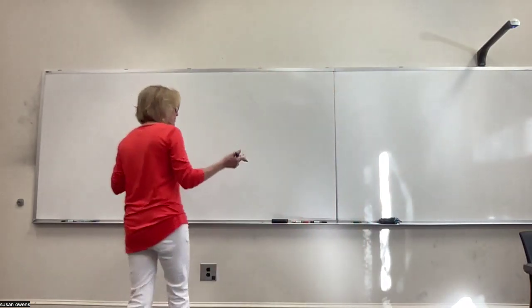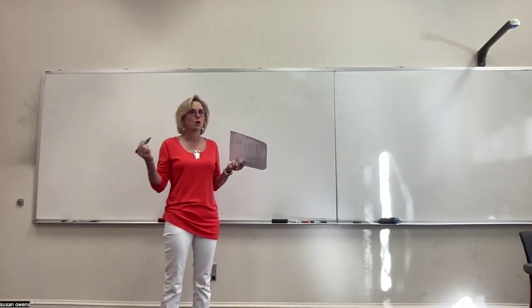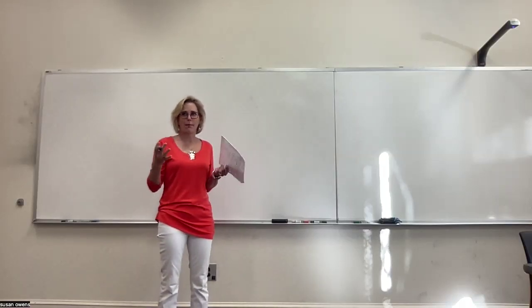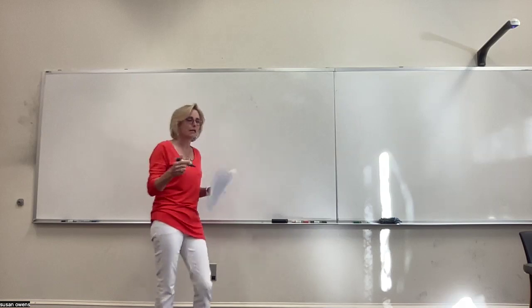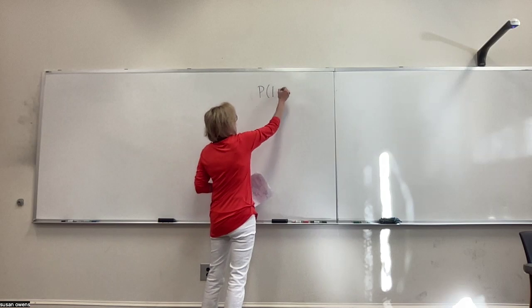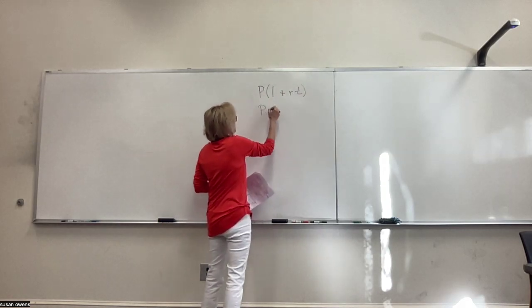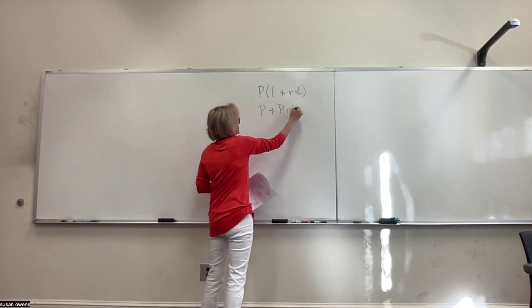The first thing you're going to look for is, does it say simple interest or not have the word compounding? If it doesn't, you're using that simple interest formula, this or this.